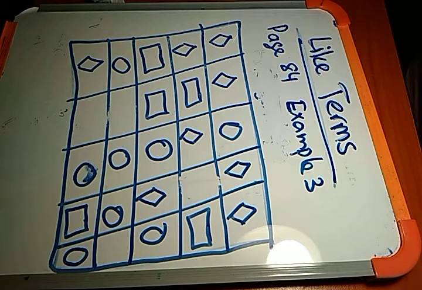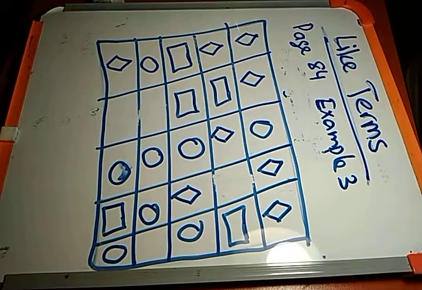Okay, just for us to get the idea of like terms before we get to actual expressions, I've got a table here. On this table you've got something that looks like a triangle, something that looks like a rectangle, something that looks like a circle, and you have blank boxes.